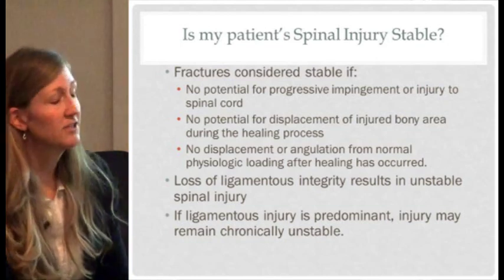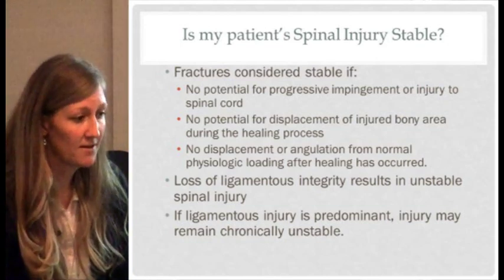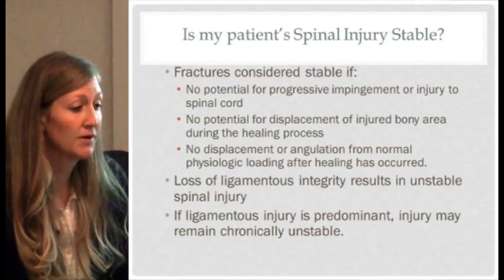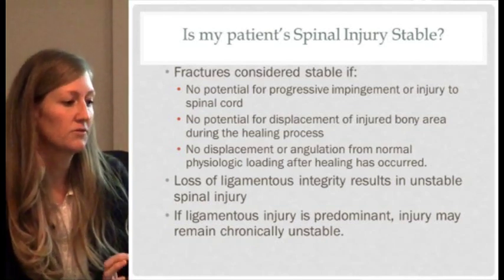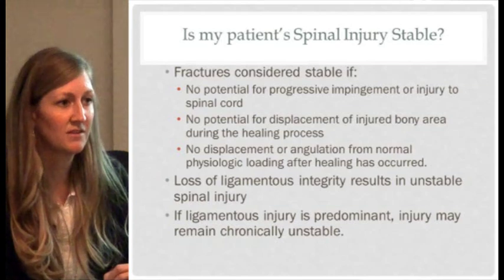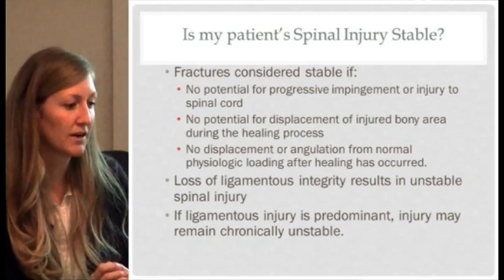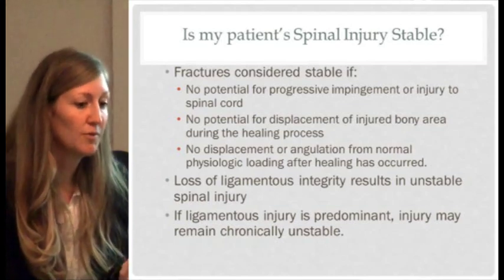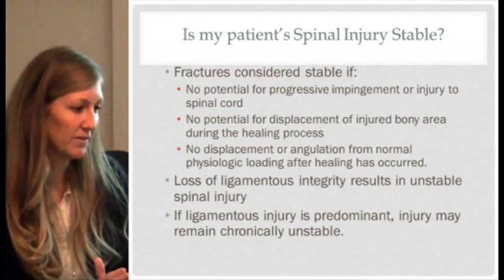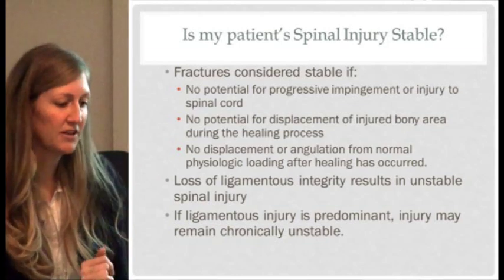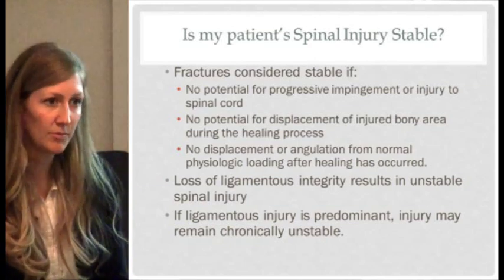Fractures in the spine are considered stable if there is no potential for progressive impingement or injury to the spinal cord. So there's no chance that that bone is going to get into the spinal cord area. That's going along with the second point, that there's no potential for displacement of the injured bony area during the healing process.